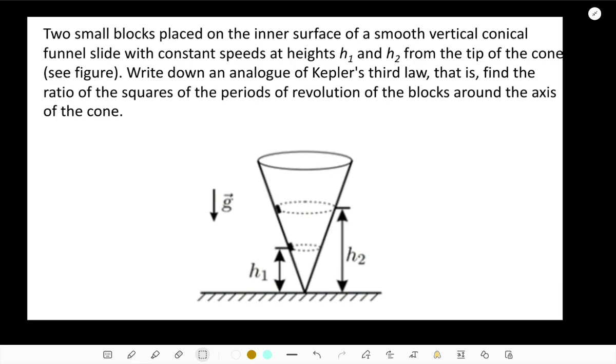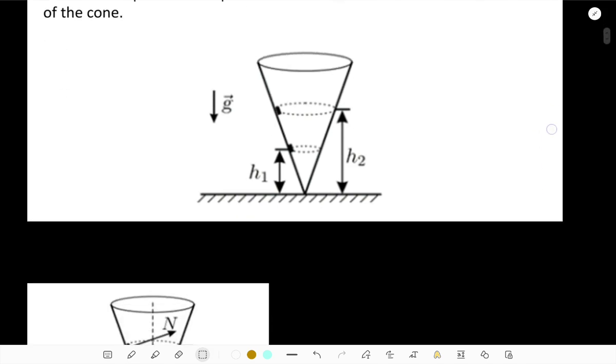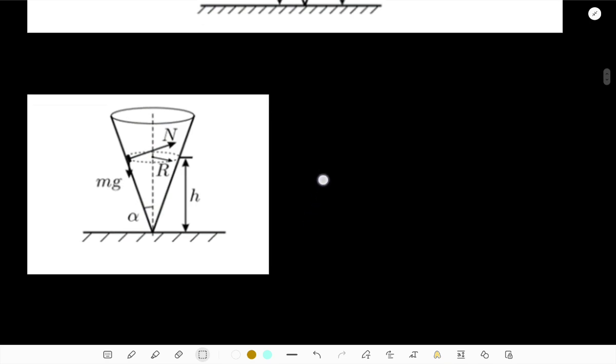And this is interesting. To solve this, you can consider the motion of one of the blocks moving with a constant speed v along a circle of radius r at a height h. Let me show you a picture. I have considered this one.